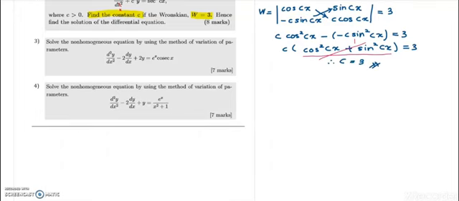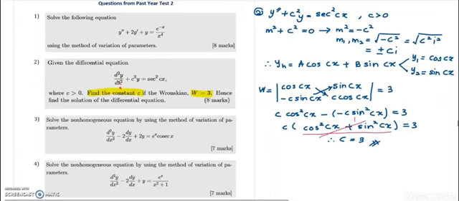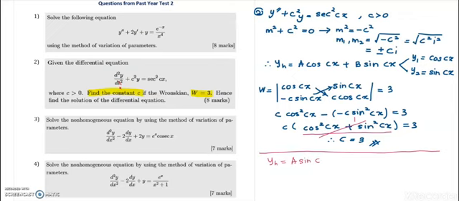I want to show you what goes wrong for some of the students. I'm going to show the mistake that has been made previously. Some students write yh as A sine cx plus B cos cx.